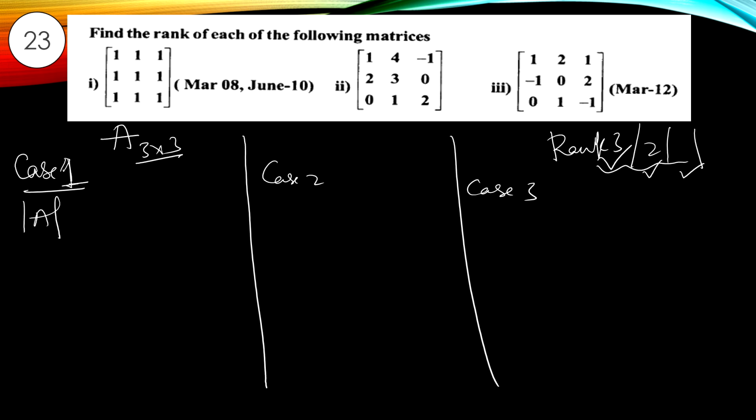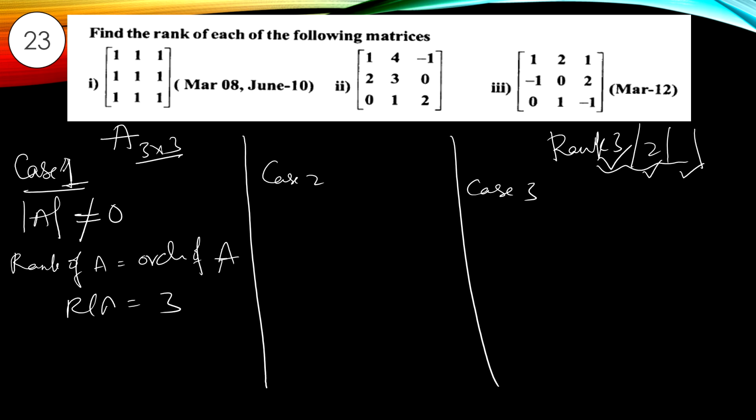If the determinant of the given matrix is not equal to 0, then simply you can say the rank of A is equal to the order of A. What is the order of A? 3 by 3, right? So which means 3, right? So rank of A is equal to 3. So this is case 1. Just find the determinant of the given matrix, and if it is not equal to 0, then simply the rank of A is equal to 3 if it is of order 3 by 3.